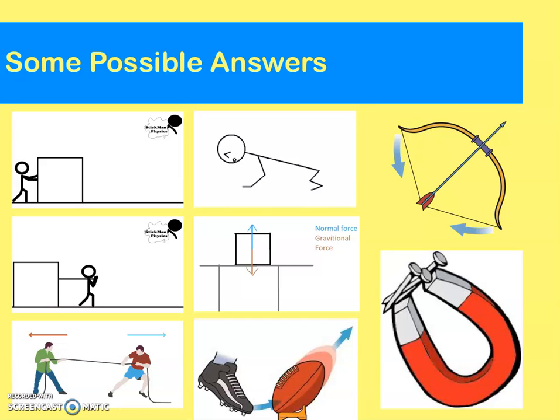You could have also drawn someone kicking a rugby ball or a football. You also could have drawn a magnet or even an arrow being shot out of a bow. So if you haven't already labelled your forces as push or pull, take a minute to label them now.